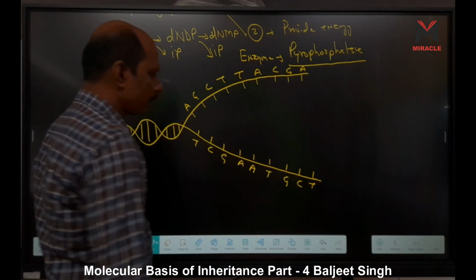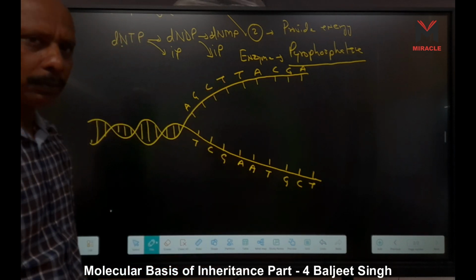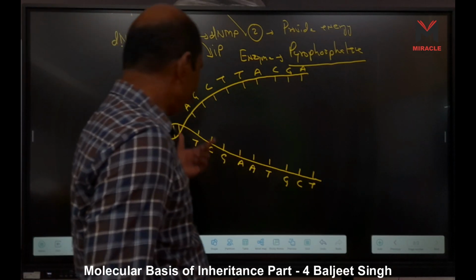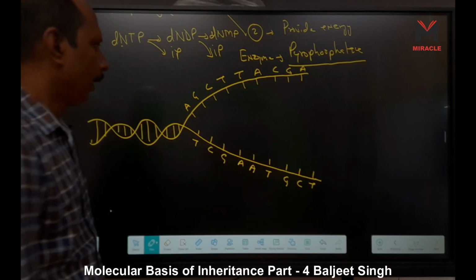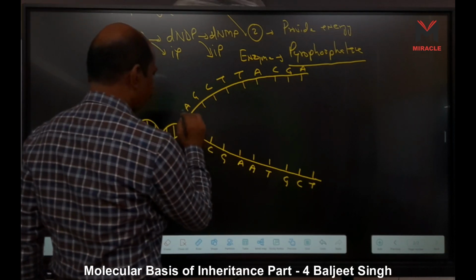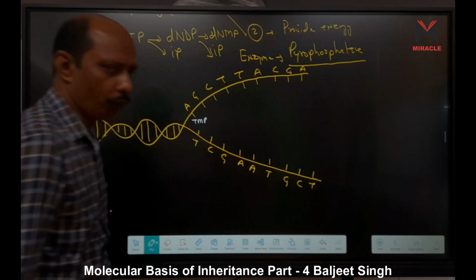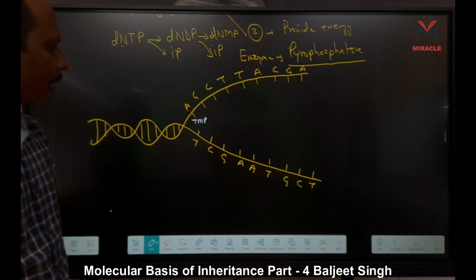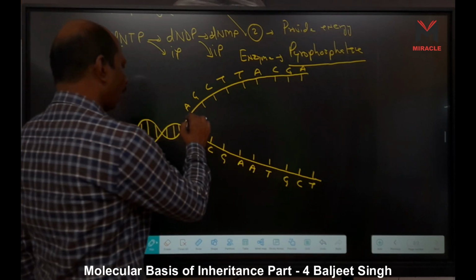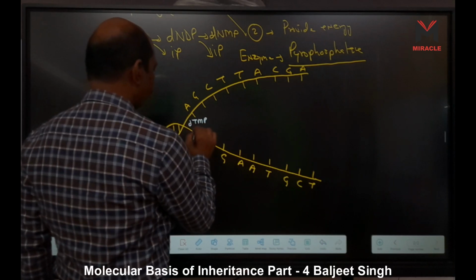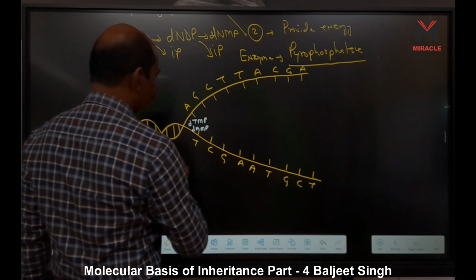When a daughter strand is formed, first the triphosphates convert into monophosphate, and this monophosphate attaches with these nitrogen bases and forms a pair due to their complementarity. That means A always attaches with deoxythymidine monophosphate, right? This side it is deoxyadenosine monophosphate.